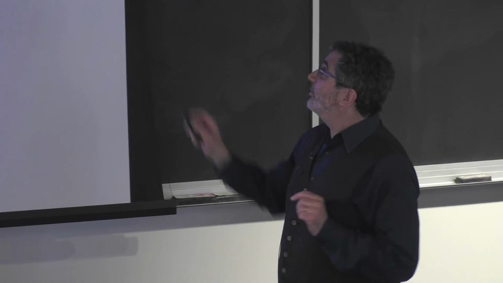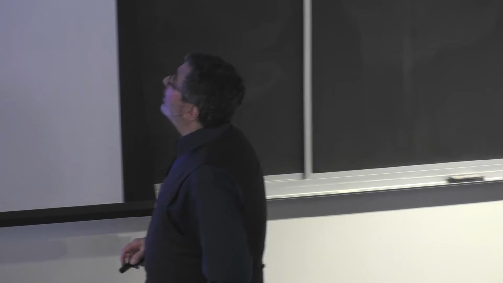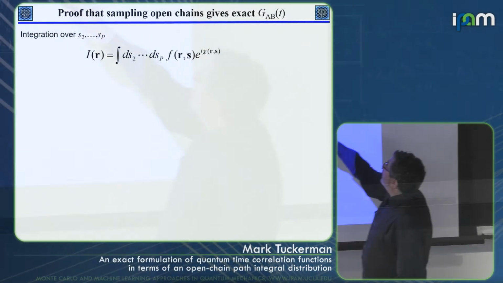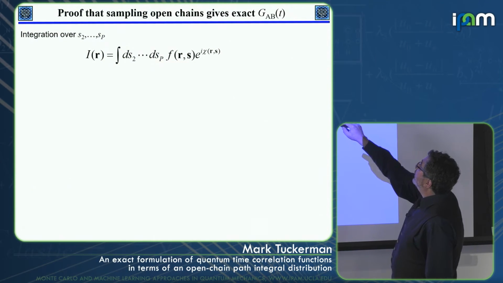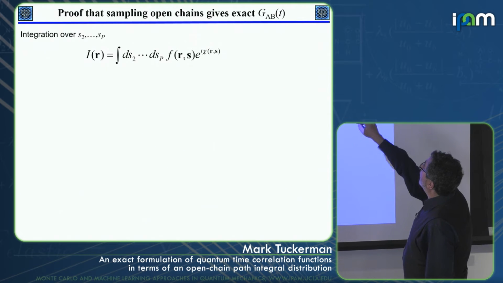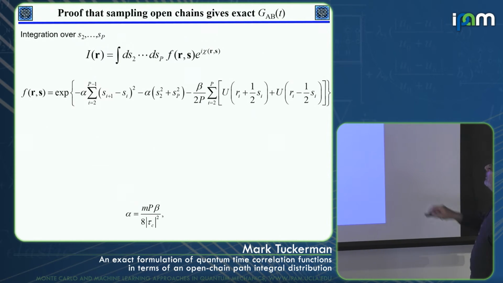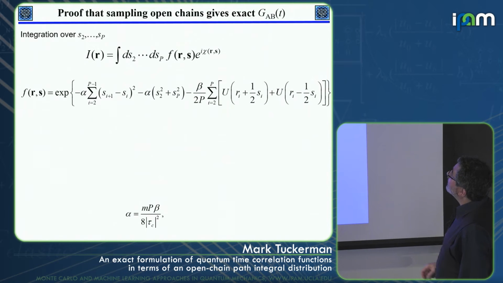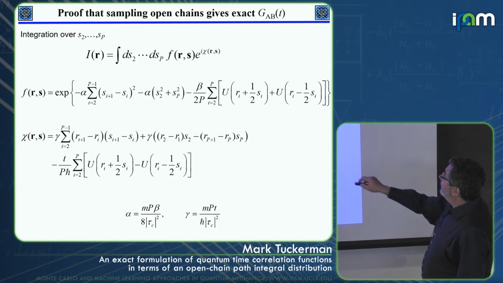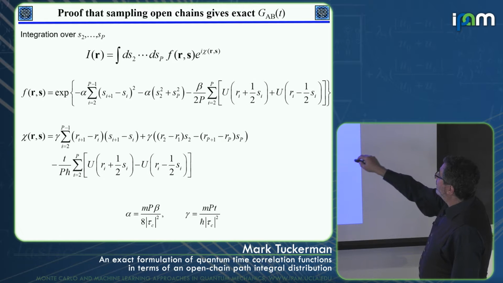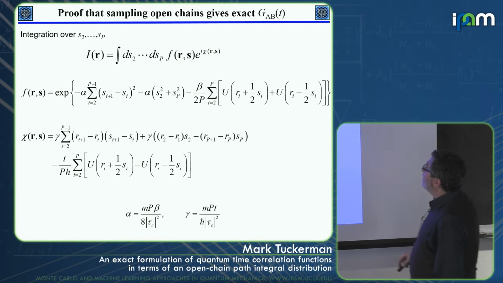All right, and it's the symmetrized correlation function. So this is what the integral over the difference variables looks like. I have some positive definite distribution again, and I have some phase factor. The distribution looks like this. The phase looks like this. This is this path difference again, all right?